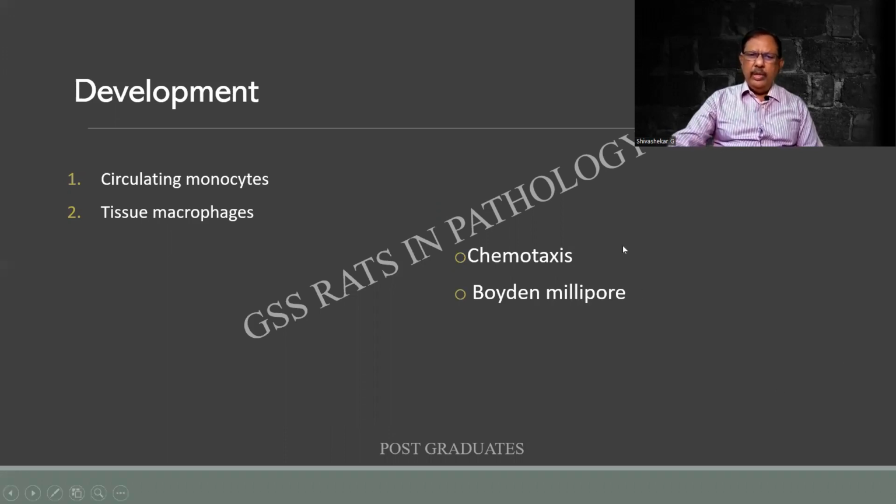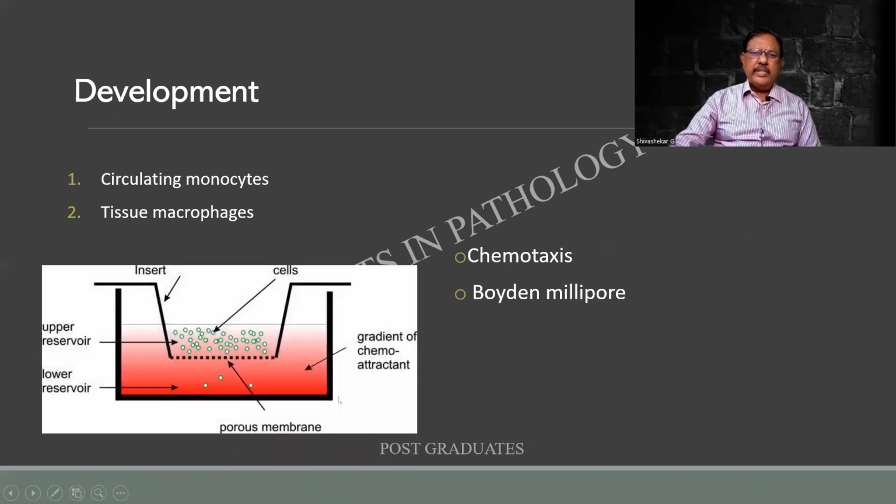And also, having mentioned phagocytosis, there is chemotaxis and the Boyden millipore filter technique, designed by Boyden to show the unidirectional movement of a cell towards an attractant, which is chemotaxis.